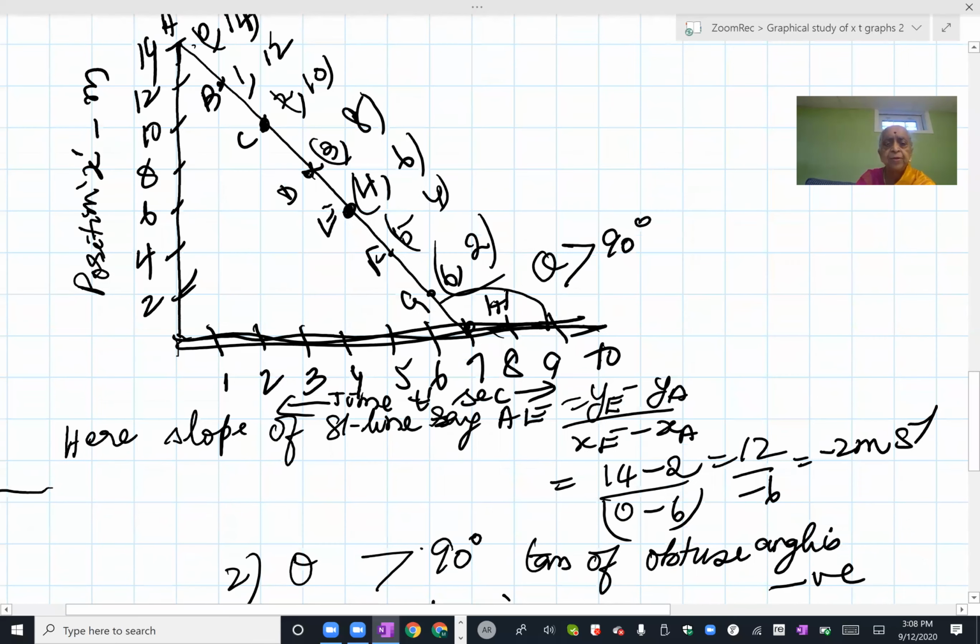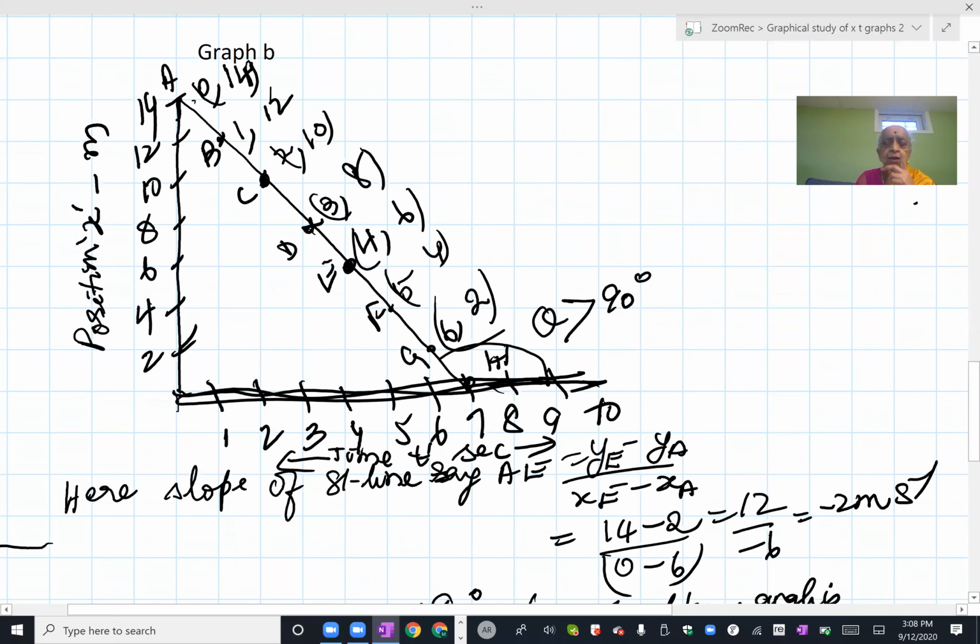Now coming to graph D, you find there's a difference in slope. At t equal to 0, it is 14 meters away. After that, it becomes only 12 meters away from the origin, and so on, and therefore the position goes on decreasing. In other words, the body is approaching the origin from some far off point. From a 14-meter distance, it is coming to 0 at the origin itself at 7 seconds.